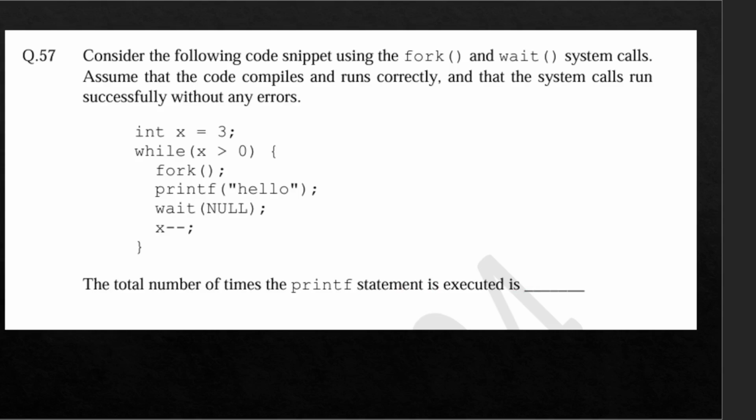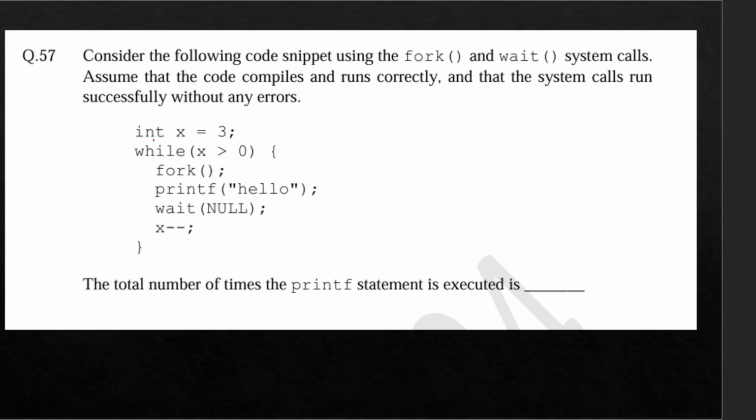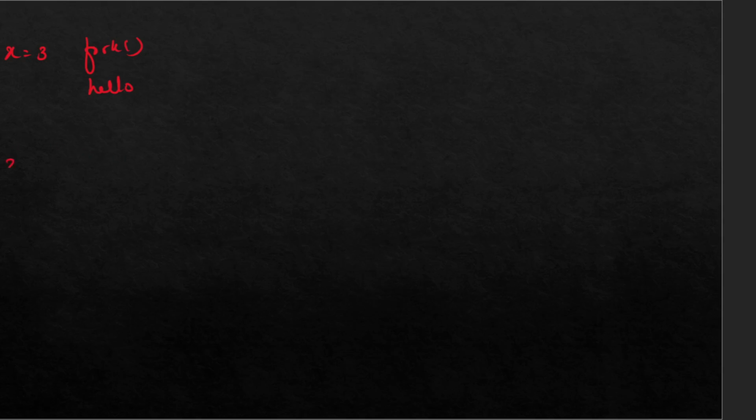So for this question, we have to unroll the loop. And how can we do that? See, x equals 3. So a fork call will be there and a hello will be there. Wait we will not write, that is not important. After that x minus minus will happen, that means the x value will become 2.